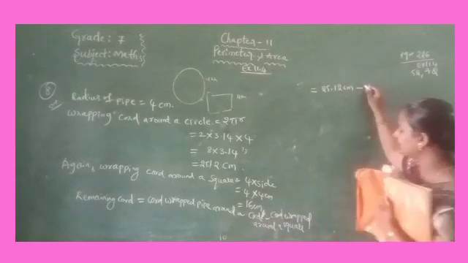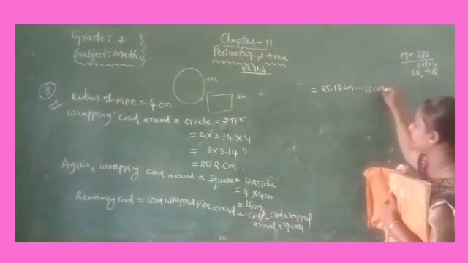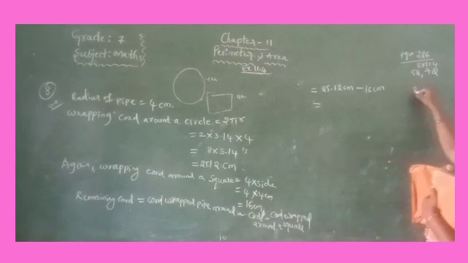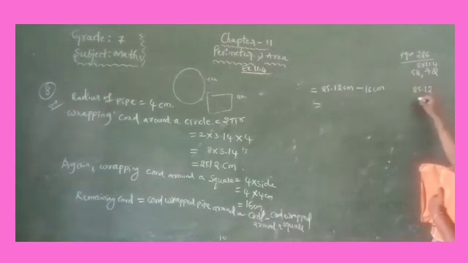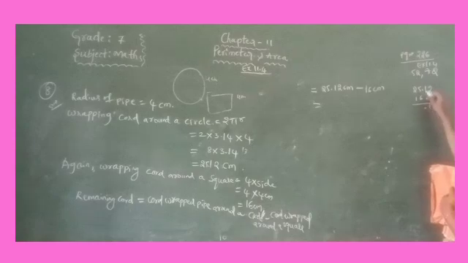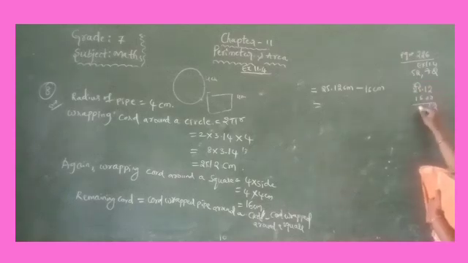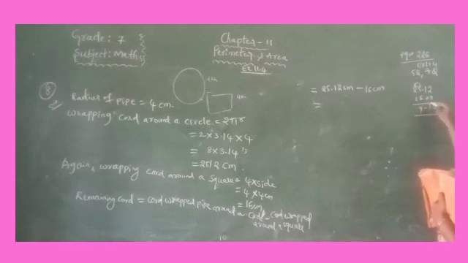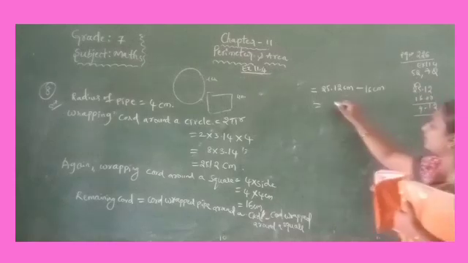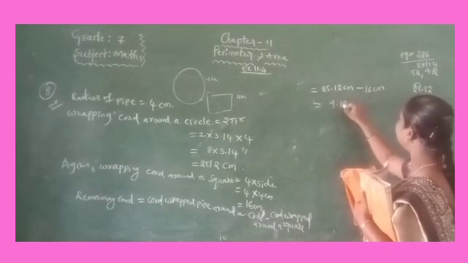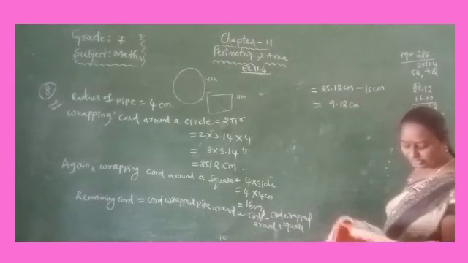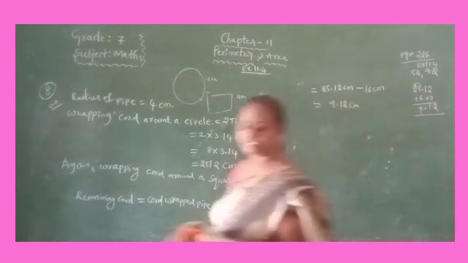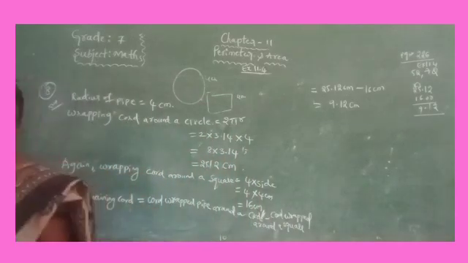Around the square, 16 centimeters. Now subtract 25.12 minus 16. 2 minus 1 is 1. 5 minus 6 cannot subtract, that's why take borrow: 15 minus 6 is 9. Then 1 minus 1 is 0. How much cord is she left with? 9.12 centimeters of cord.